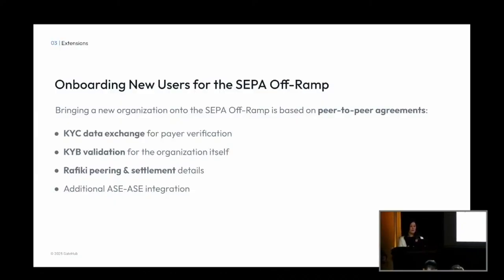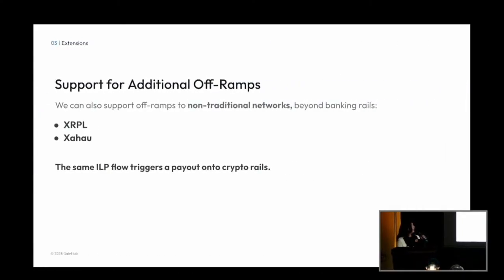The organization would have to be onboarded and go through KYB checks on GitHub. We would need to sort out Rafiki peering and settlement details. And of course, additional ASC to ASC integration steps, mainly to support verification of payee flows. So these would be the main things to address.